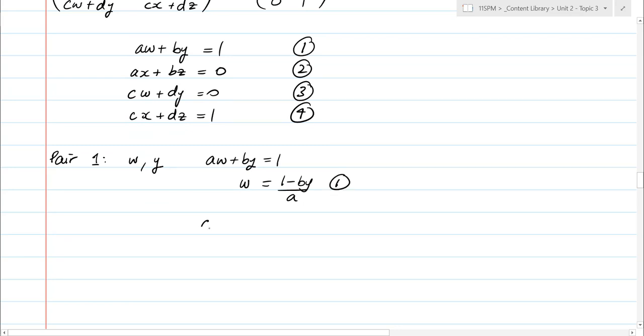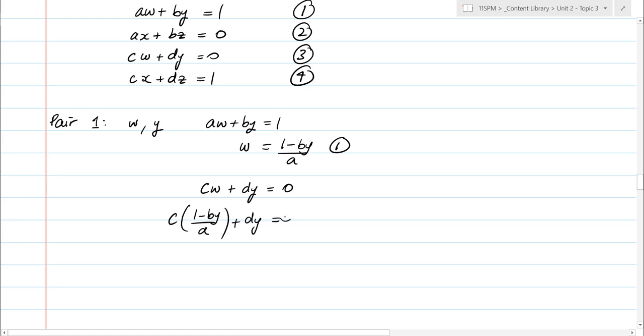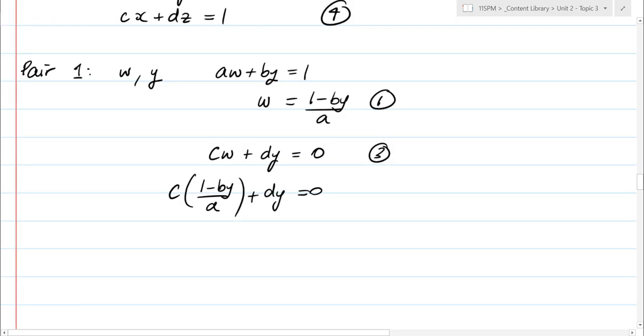And equation number 3 is CW plus DY is equal to 0. I can put my W into there now, which gives me C times 1 minus BY over A plus DY equals 0. So I've subbed into equation number 3.